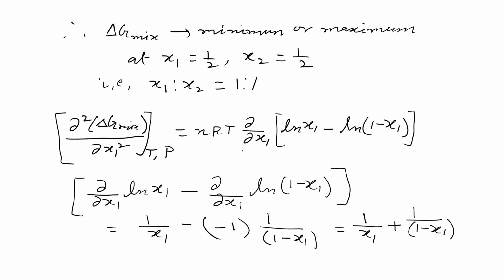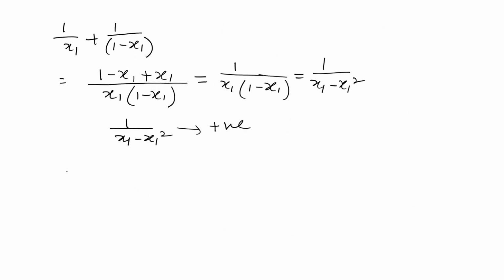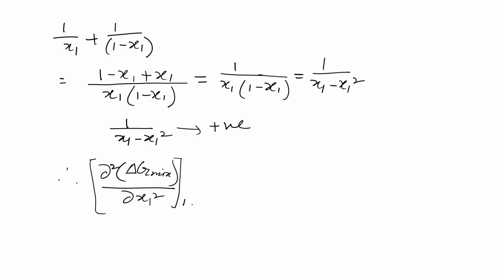Therefore ∂² of delta G mixing by ∂x1² at constant temperature and pressure is nRT into 1 by x1(1 − x1), or you can write x1 minus x1 square.